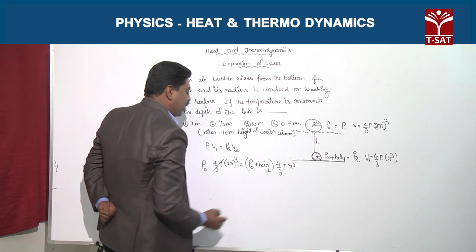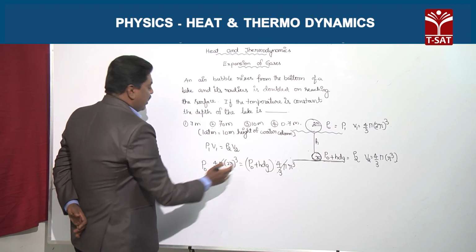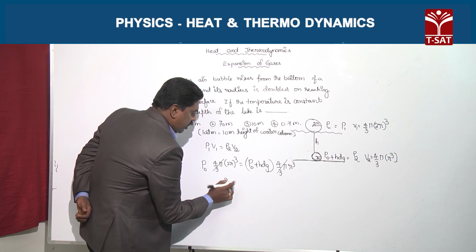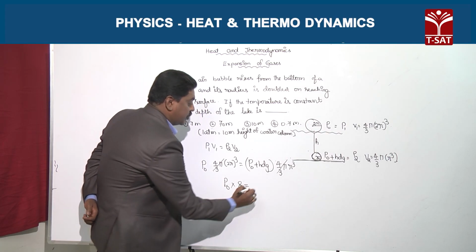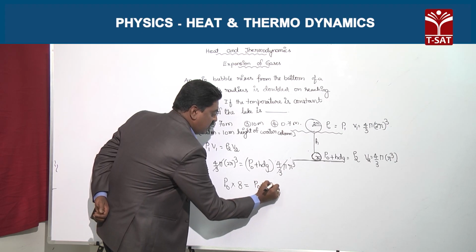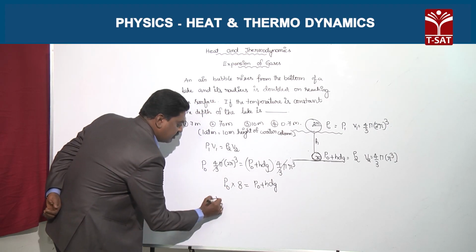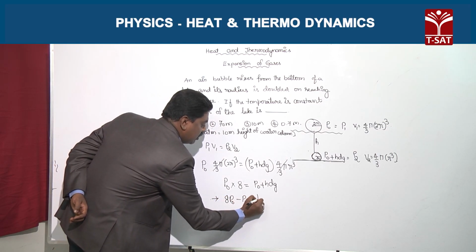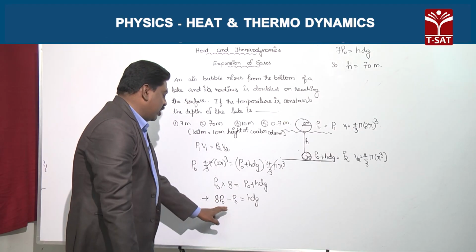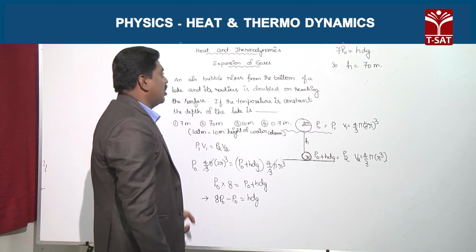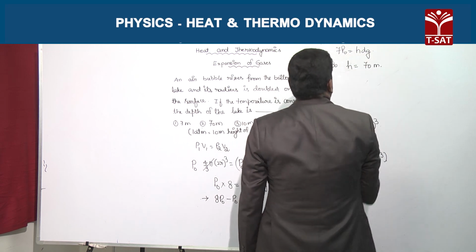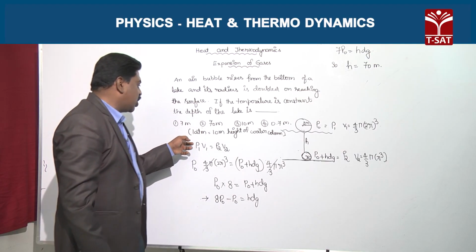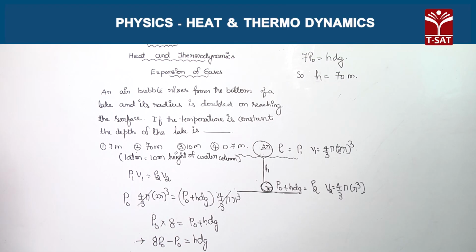Removing 4 by 3 pi on both sides and r cube, we get 8 P0 equals P0 plus h rho g. This gives 8 P0 minus P0 is equal to h rho g, so 7 P0 equals h rho g. So h is 70 meters, as per the given condition, 1 atmosphere equals 10 meters.